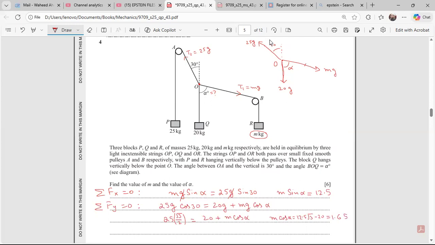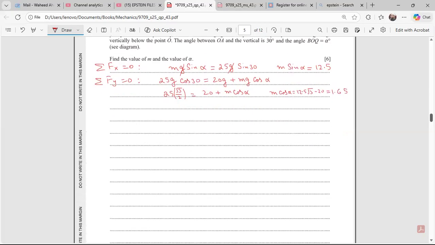So now we have two equations and two unknowns, which is easy to solve. If I divide m sine alpha by m cos alpha, that is 12.5 divided by 1.65. m cancels, and sine alpha over cos alpha is tangent alpha.